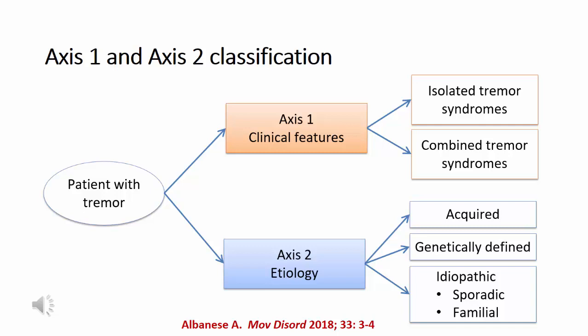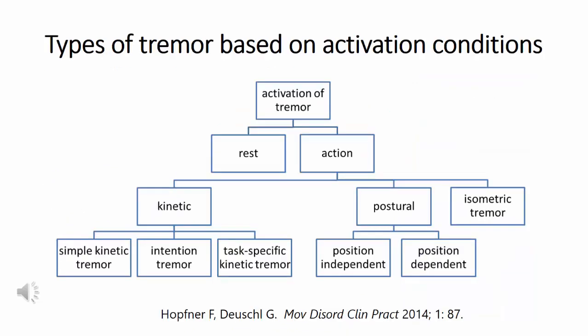Axis 1 syndromes should not be confused with the types of tremor produced by various activation conditions. These types of tremor are neurological signs, and in general, one or more signs comprise a clinical syndrome. Tremor may occur at rest or during any action that requires the voluntary activation of muscles.